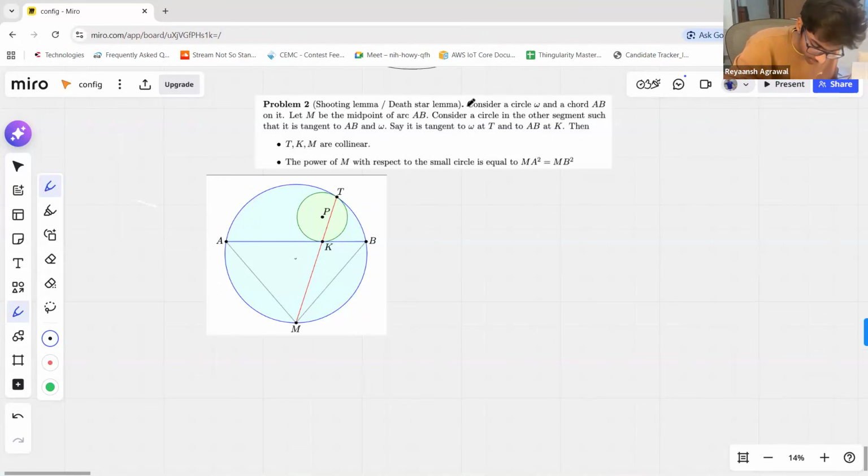First of all, I'll draw in the center of the big circle and I'll call it O. T, P and O must be collinear. Yes, because of tangency. So T, P, O are collinear. What next?